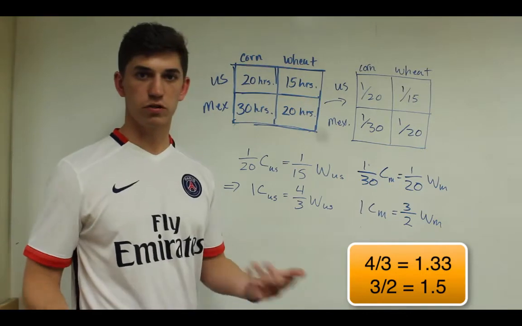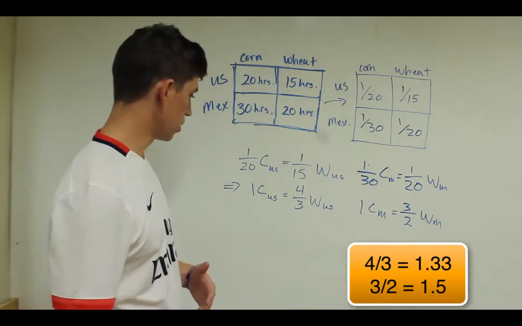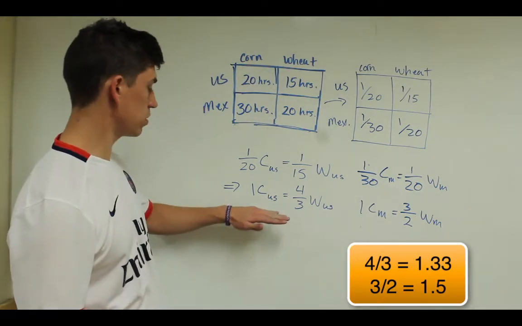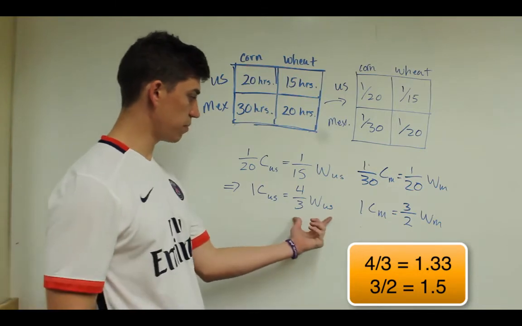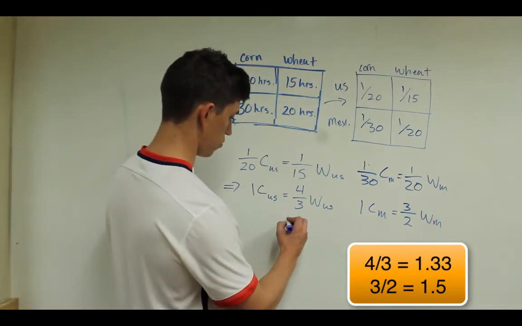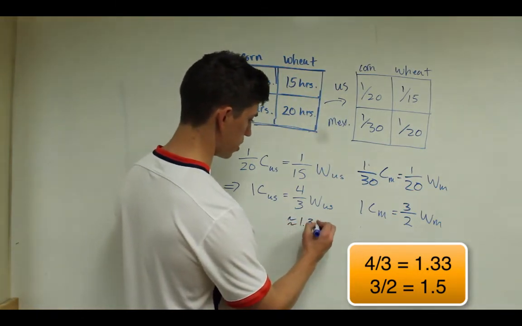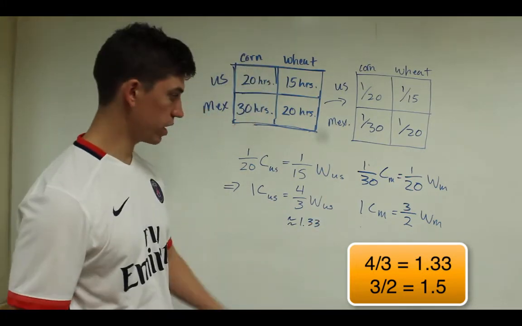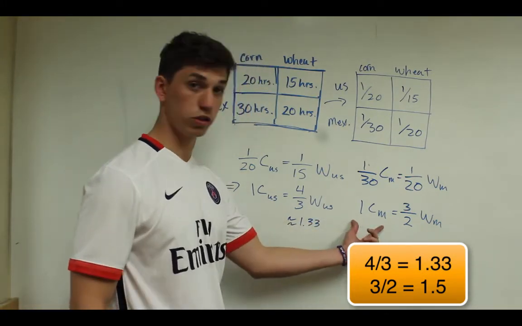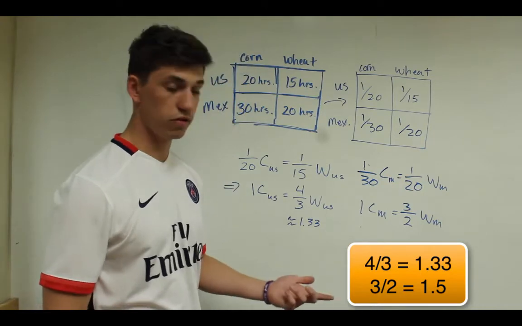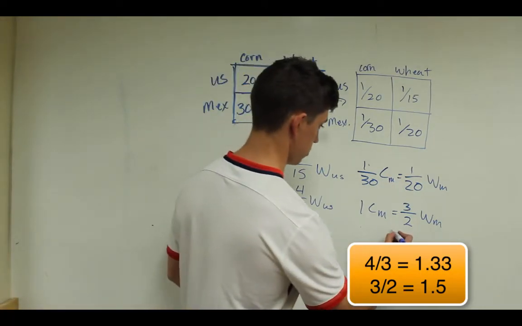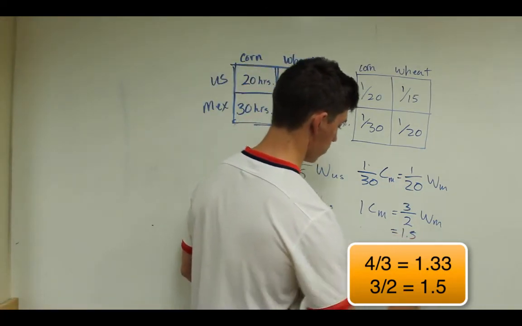That's how we can determine who has the comparative advantage. Every time the US produces 1 corn, they give up 4/3, so about 1.33 wheat. And every time Mexico produces 1 corn, they give up 3/2, which is 1.5 wheat.